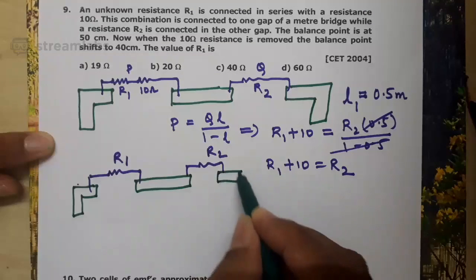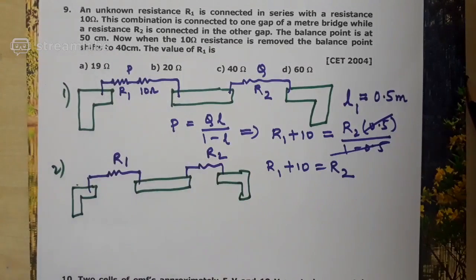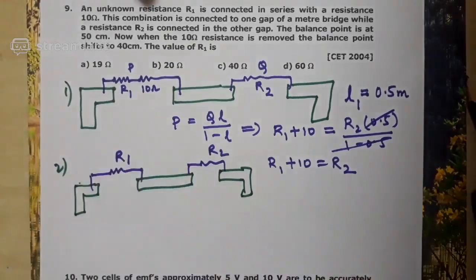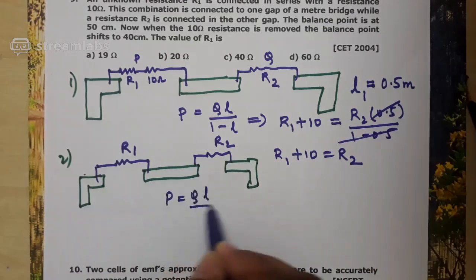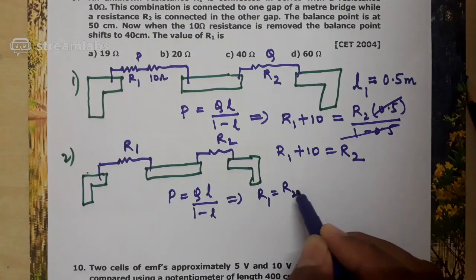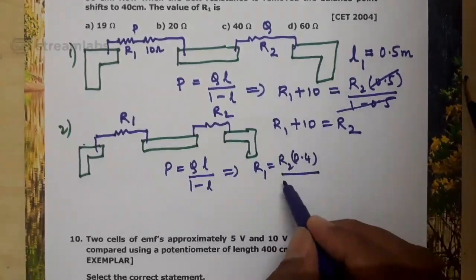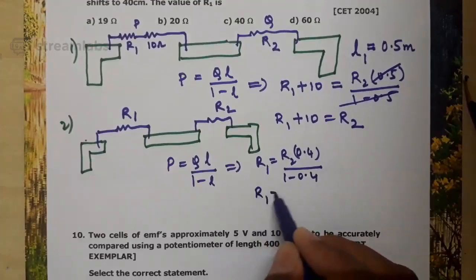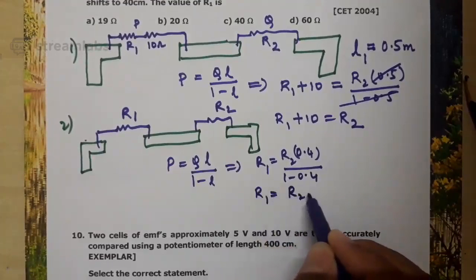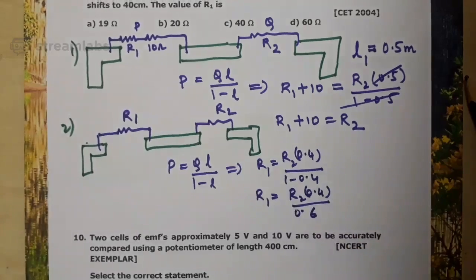This is the first case and this is the second case. In the second case, you are removing a 10 ohm from the left gap. When you remove 10 ohm from the left gap, if I use the same formula, what is L? 0.4 divided by 1 minus L means 1 minus 0.4. You will get R1 is equal to R2 into 0.4 by 0.6.